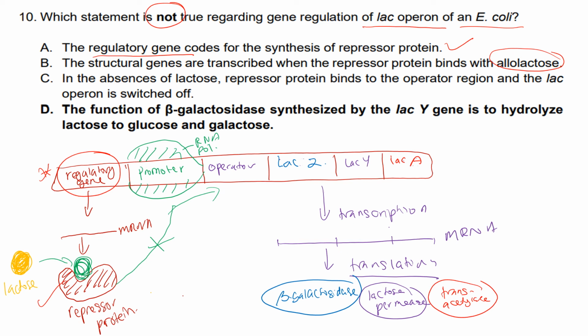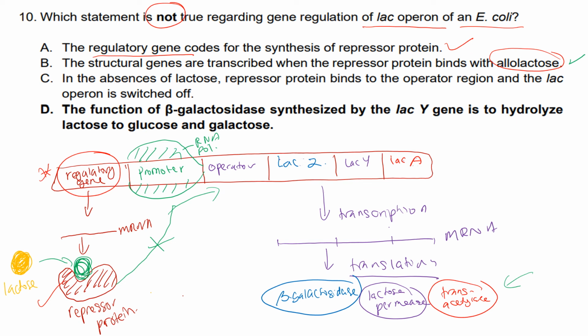When the repressor cannot bind to the operator, RNA polymerase can bind to the promoter, and transcription of mRNA can occur to synthesize the three enzymes. So statement B is correct, so that is not the answer. This is in the presence of lactose. The lac operon is switched on.